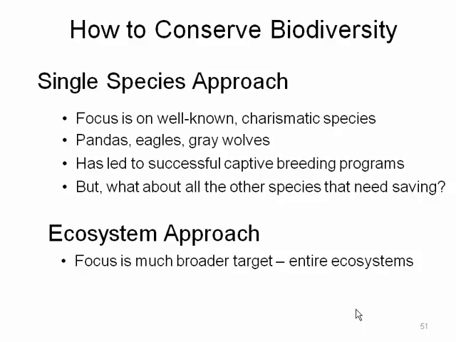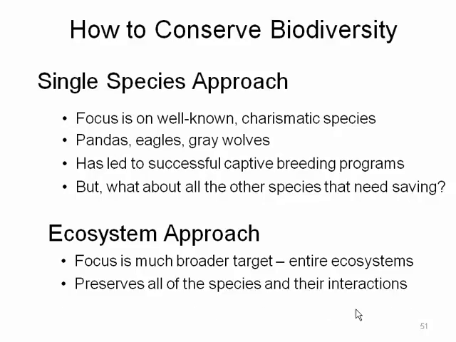In that case, there's more of a focus on protecting an area, and in turn, the ecosystem within that area, in which case a wide variety of species at different levels of the trophic systems, or species that may not even be identified yet, can be protected as well. So again, you gain the value of multiple species protection and the fact that they're allowed to continue their natural interaction and the ecological function of the ecosystem is maintained.